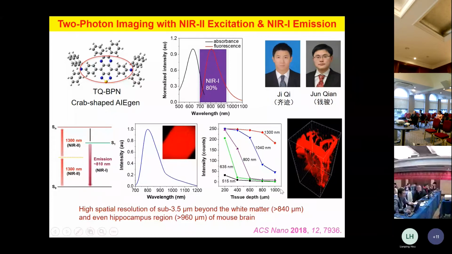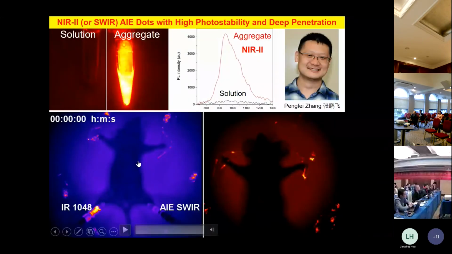Here I use these 2 videos to demonstrate the advantages of our AIEgens. You can see there are 2 syringes here. This one you can see the light emission. That's the commercial system. The solution is emissive, and this is our AIE system. As I emphasized many times, our AIE solution does not emit light.